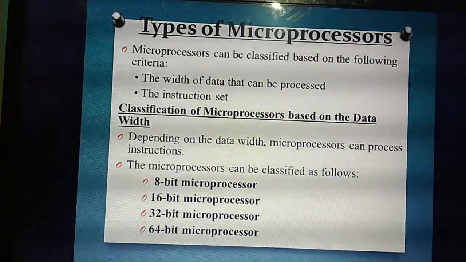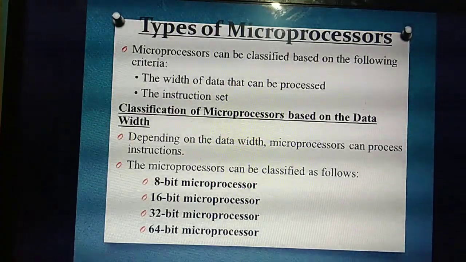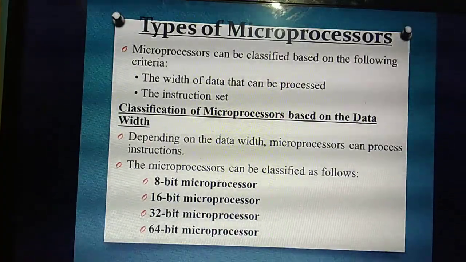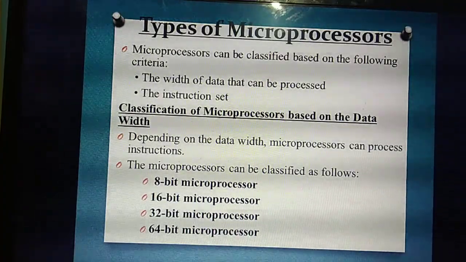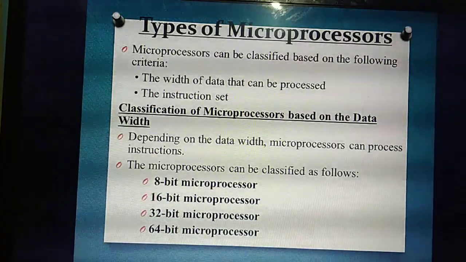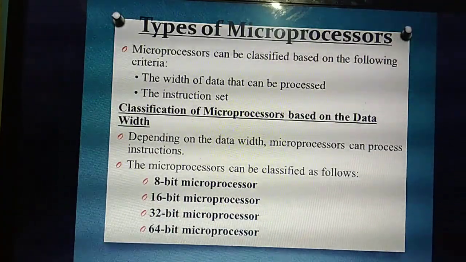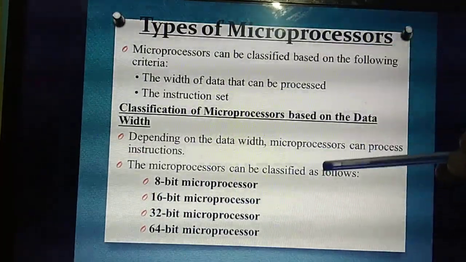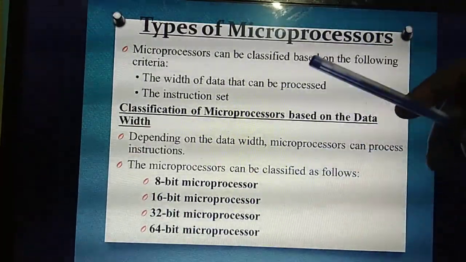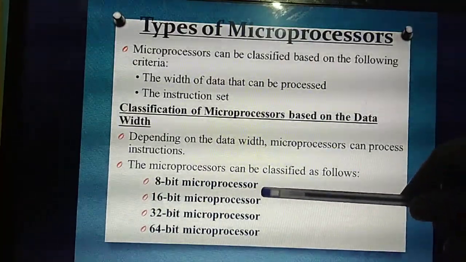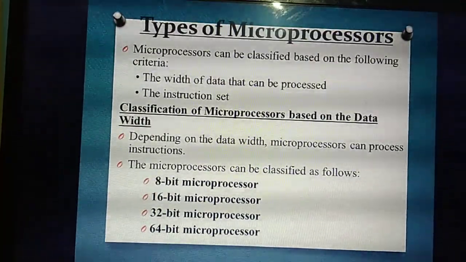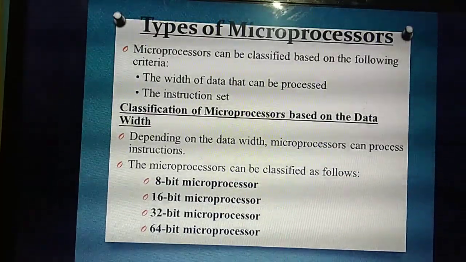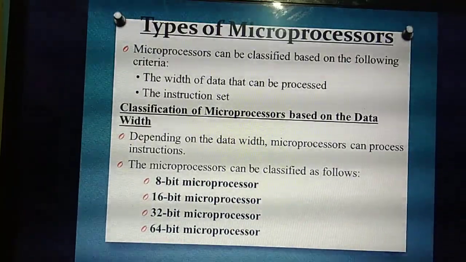For that I already gave the example: 16 GB memory can store only 16 GB of data. Likewise, you can give instructions only based on the data width. So based on this width, they classified microprocessors as 8-bit, 16-bit, 32-bit and 64-bit microprocessors.